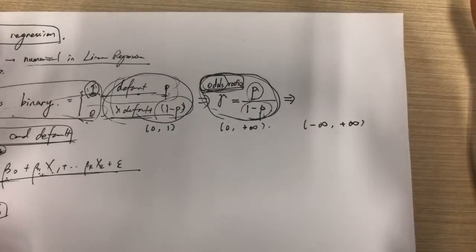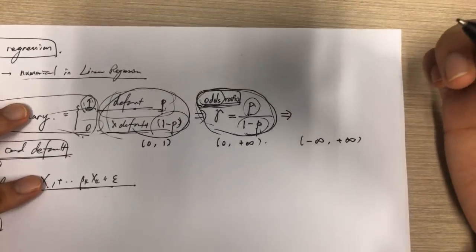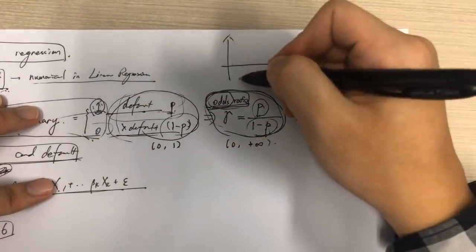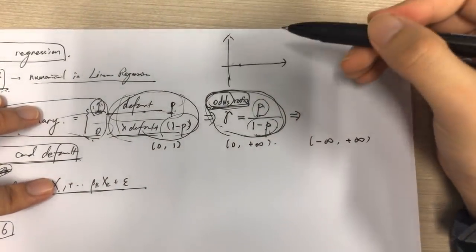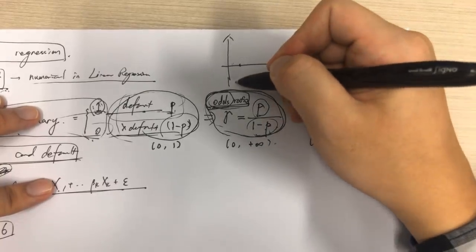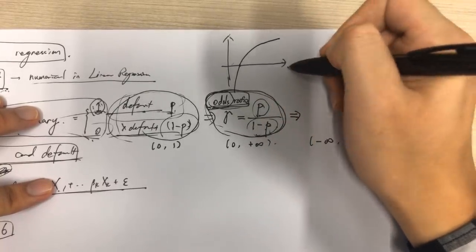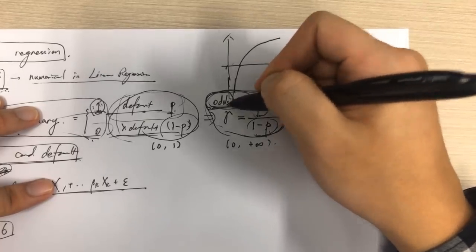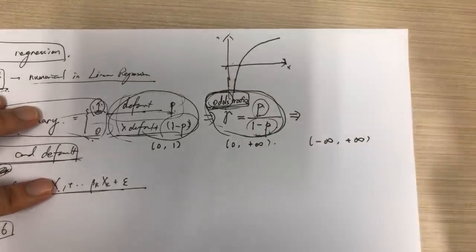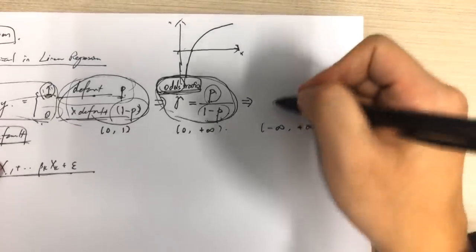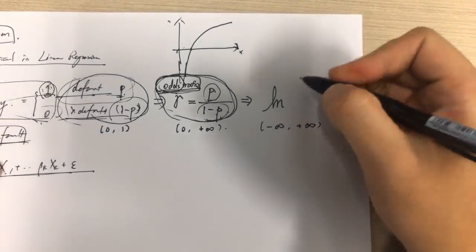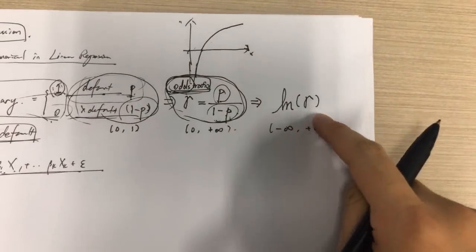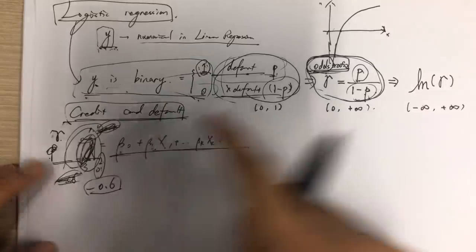The transformation that we're going to use is the logarithm, because the log function has the feature, hopefully you still remember it from high school, that the x value ranges from 0 to infinity, but the y value ranges from minus infinity to positive infinity. Therefore, we take the natural log of r as our odds ratio.